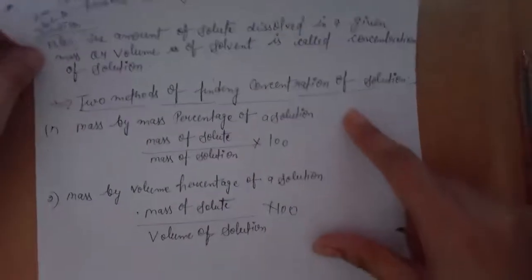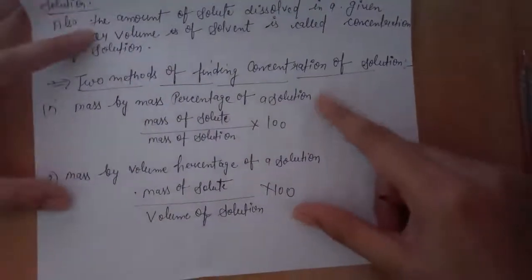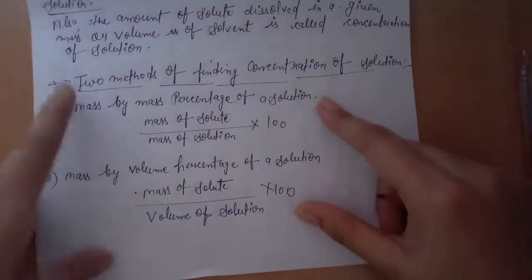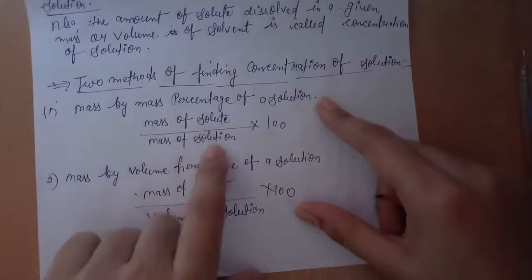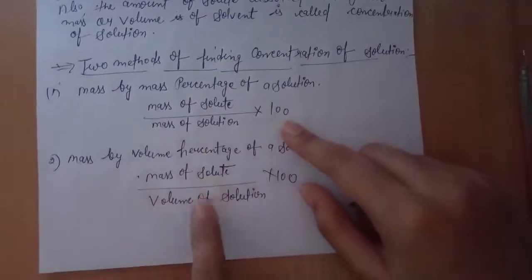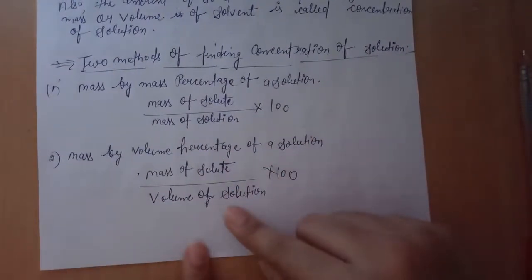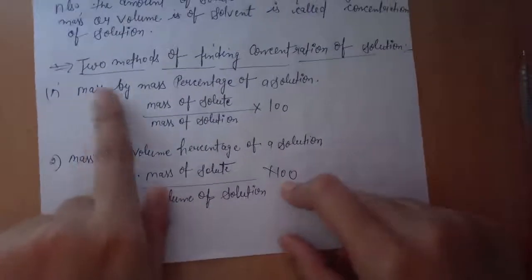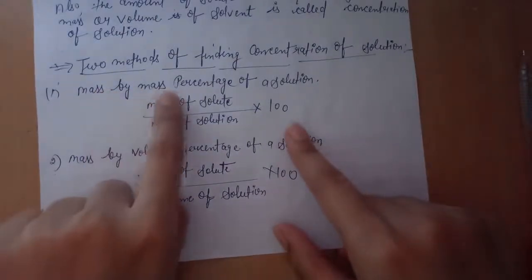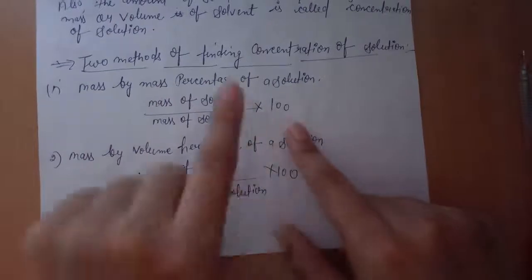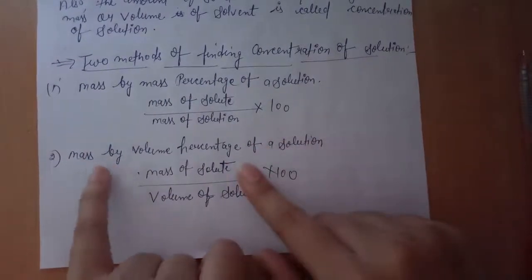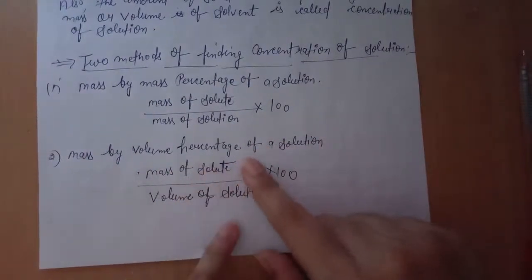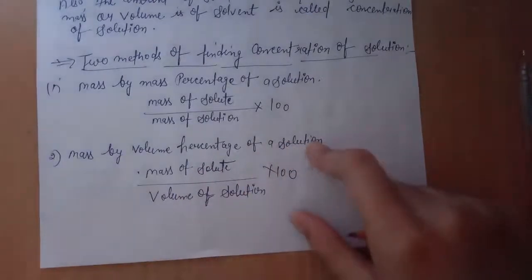The concentration of a solution can be found using these two formulas: mass of solute upon mass of solution multiplied by 100, and mass of solute upon volume of solution multiplied by 100. The first formula is called mass by mass percentage of a solution, and the next is called mass by volume percentage of a solution.